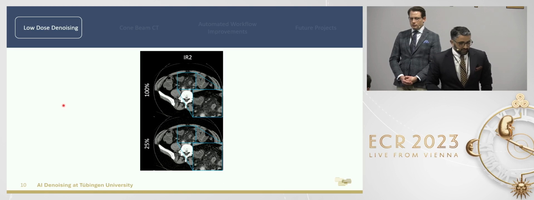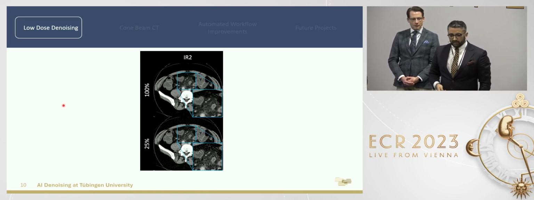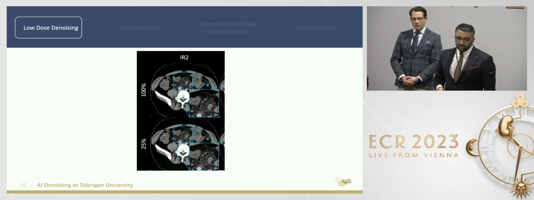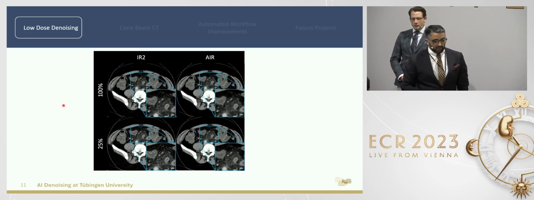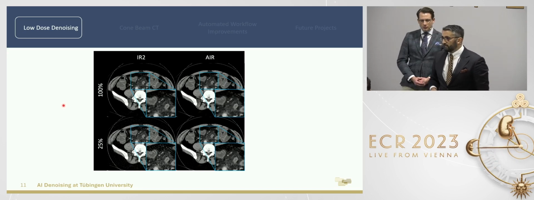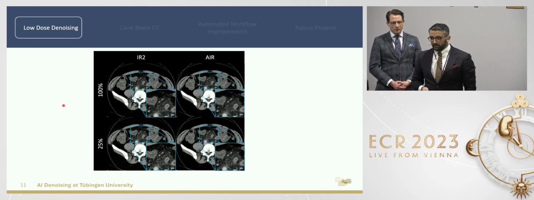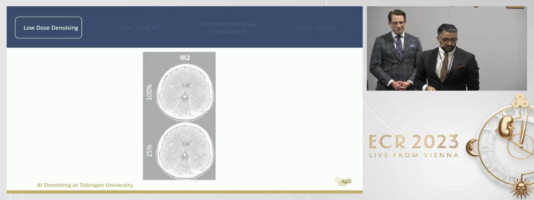The same thing we looked at in abdominal imaging. Actually, the same message. You can still, with 25%, see very similar images to 100% with iterative reconstruction, the vendor reconstruction.